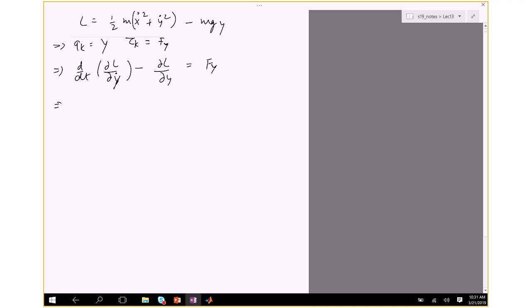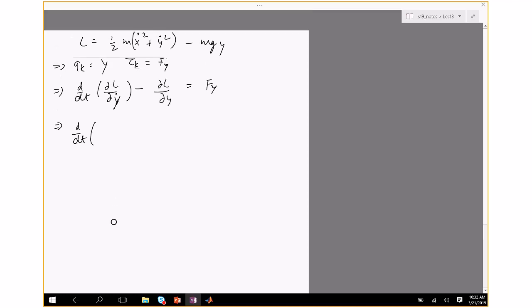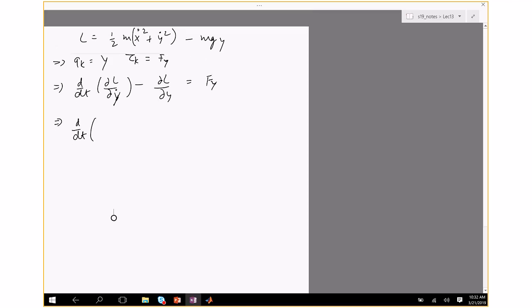The first part of that expression, dL/dy dot, again we treat everything but y dot as a constant, so you'll see that you get half m times 2y dot, minus dL/dy. So only the last term in L has a y, minus mgy.